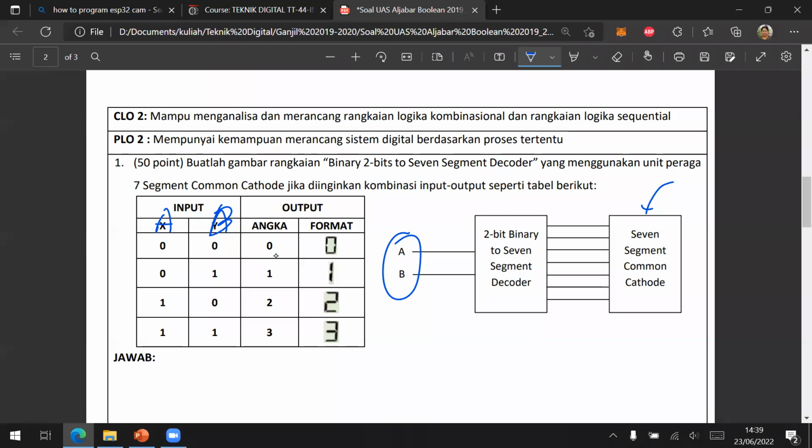So the format represented by the 7 segment will be 0 like this. So it will turn on A, B, C, D, E, and F. If this one is 0 and 0, it will show the number 0. How about if A is 0 and B is 1? So it's supposed to turn on B and C, the lamps of B and C from the 7 segment.